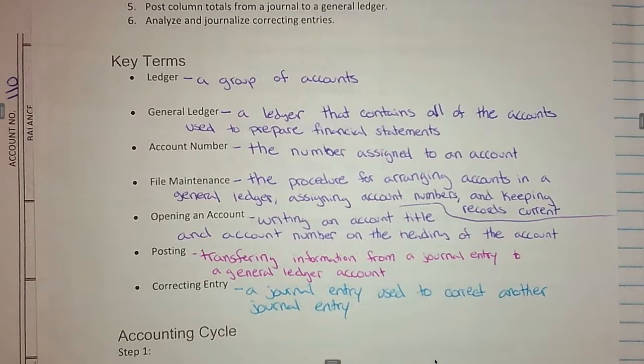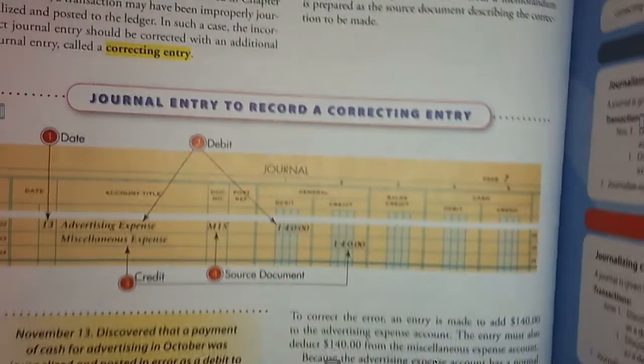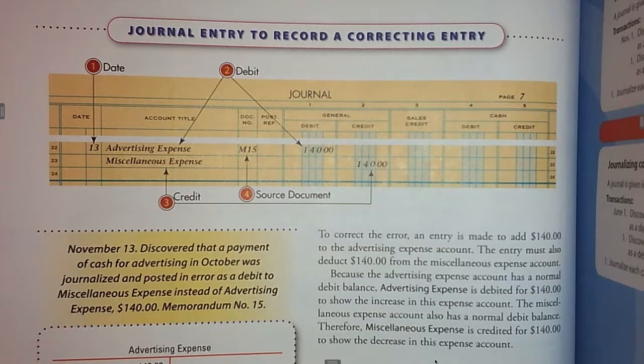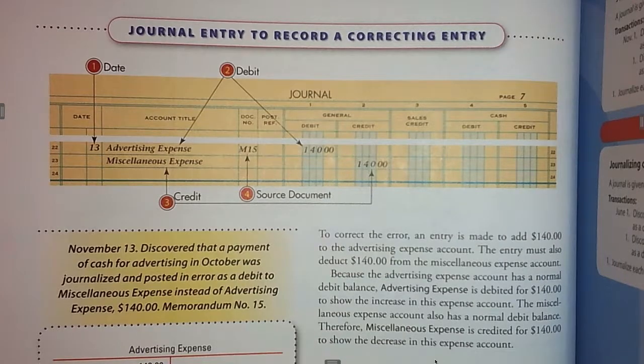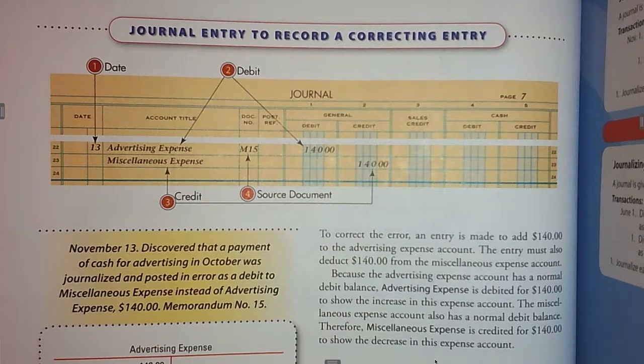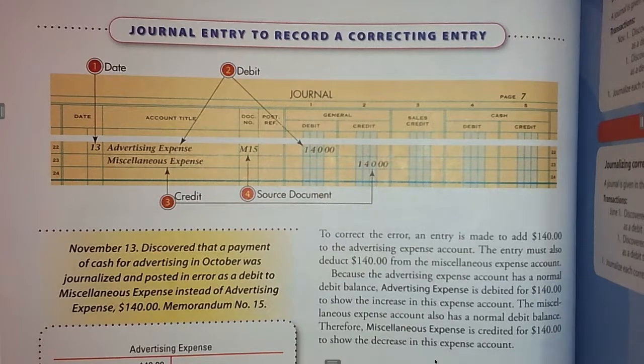The nice thing about correcting entries is they look just like every other entry we've done. So I'm not even going to have you write one down, but I'm going to show you the example. On November 13th, they discovered that a payment of cash for advertising in October was journalized and posted in error as a debit to miscellaneous expense instead of advertising expense, $140. They write a memo that says, oops, we put it in the wrong account.